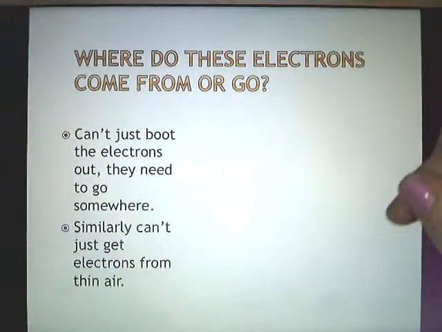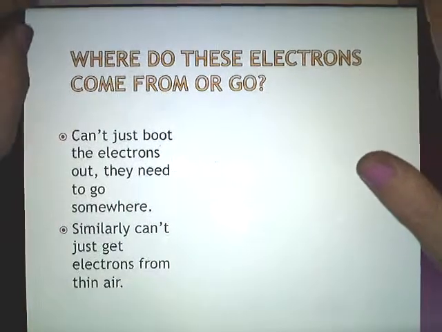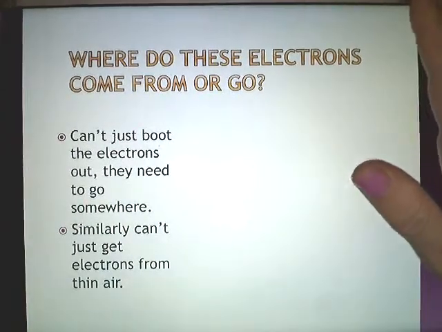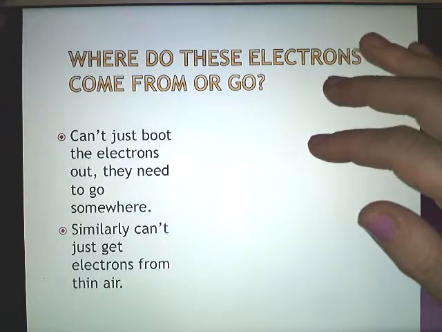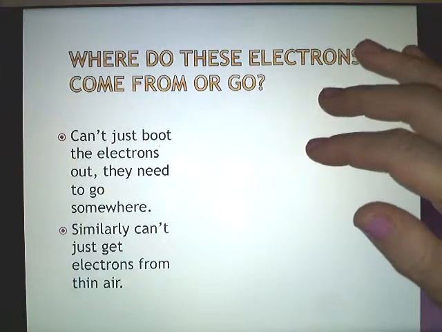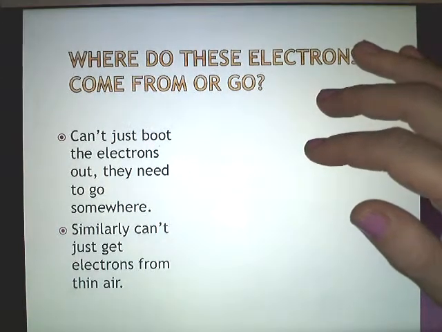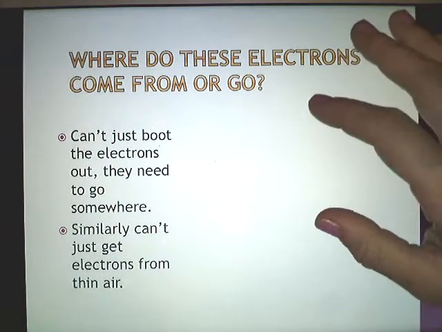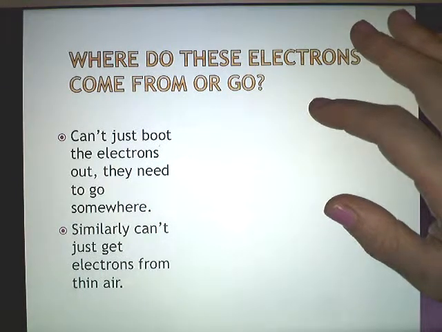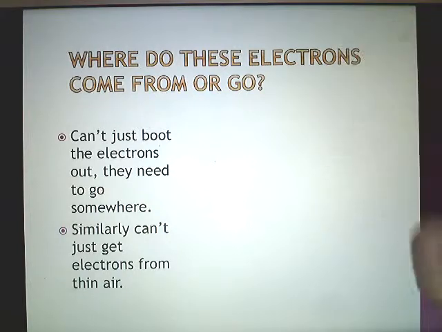Okay. Now, the question we really need to ask ourselves is, where do these electrons come from or go to? You can't just get rid of these electrons in thin air, and you can't just pull them out of nowhere.